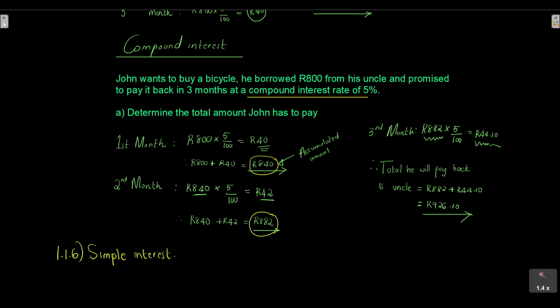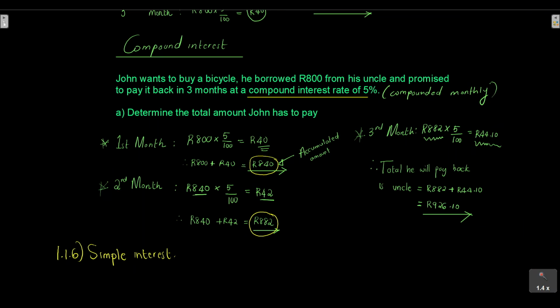That is why we calculated the interest that was charged in the first month, the second month, and the third month. So the interest here was compounded monthly. Every month, interest is charged on whatever amount he borrowed from his uncle. That's the point that I want to reiterate here.